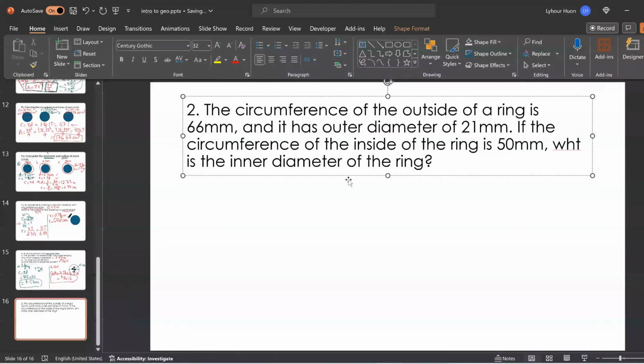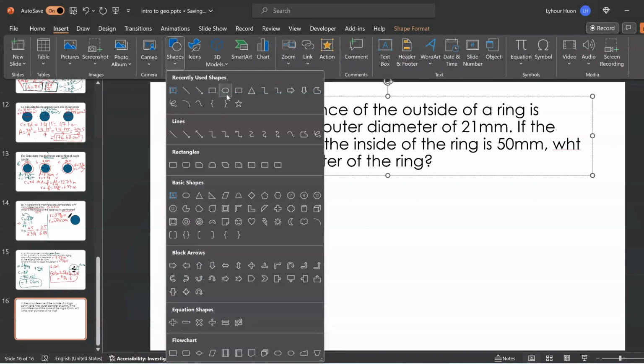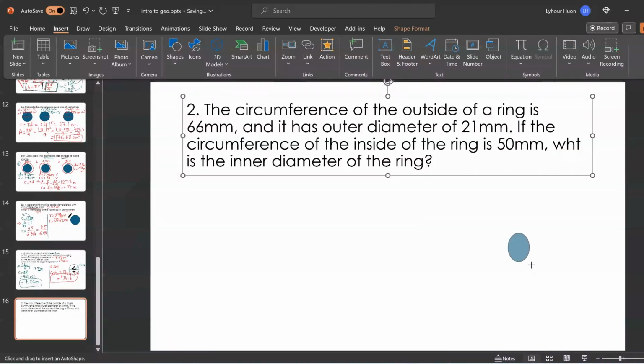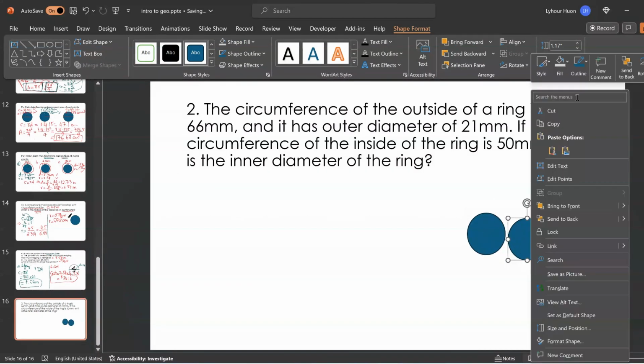So the question: the circumference of the outside of a ring. Let me draw a ring here. For example, we wear rings, and they have an inner and an outer part. You can picture inside the ring and outside the ring.